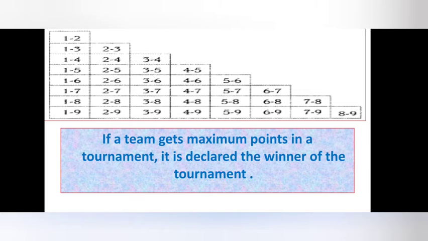In the fifth round, number 5 team plays the matches. Number 5 plays number 6 team, then number 5 and number 7, then number 5 and 8, and in the last match, number 5 and number 9.